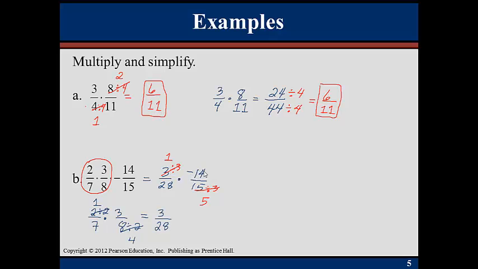Ignore the negative sign, and 14 and 28 have 14 in common, so we can divide both by 14. This will cancel out, leaving us with the negative 1. Remember, the negative will still be there. And then 28 divided by 14 leaves us with 2. So now we have 1 times negative 1 divided by 2 times 5, which is negative 1 over 10.